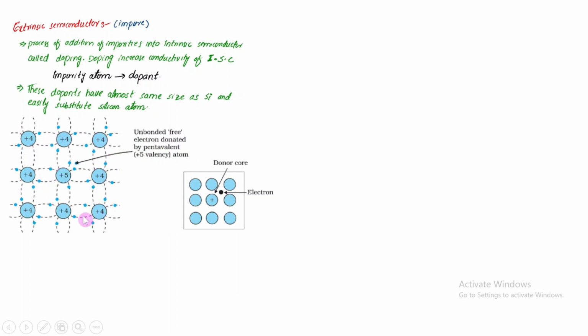So this is that scenario. We have all these silicon crystals and we have added an element from group 5, which we consider to be phosphorus.